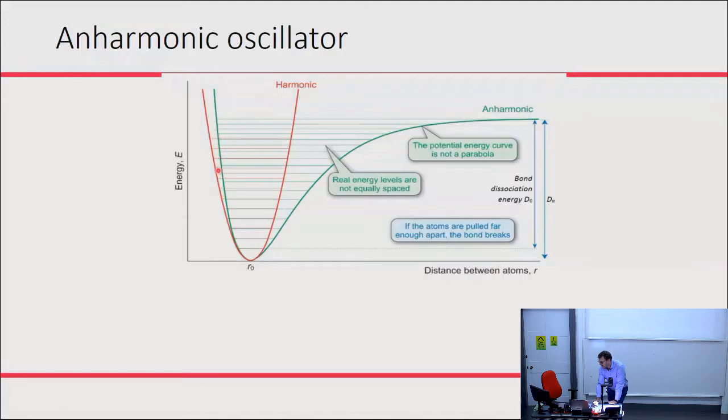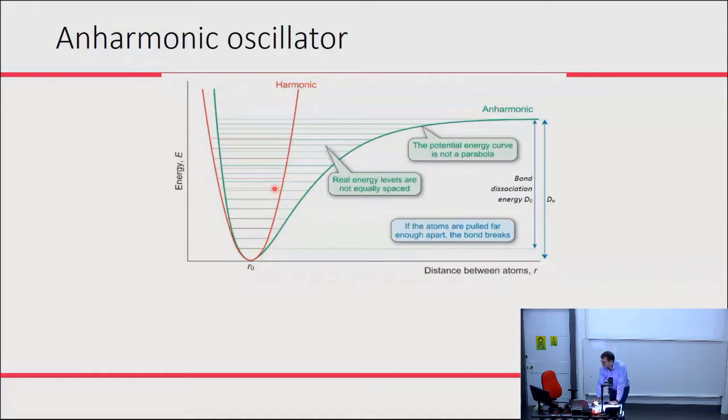So you see here the red curve is the parabolic curve of the harmonic oscillator, and instead we have this green curve, which is a better map of the potential energy changes as the atoms in a diatomic are being pulled apart. You can see the anharmonic oscillator is a pretty good match to the harmonic oscillator as we compress the bond length, but as we lengthen it, you see it's a very poor approximation.